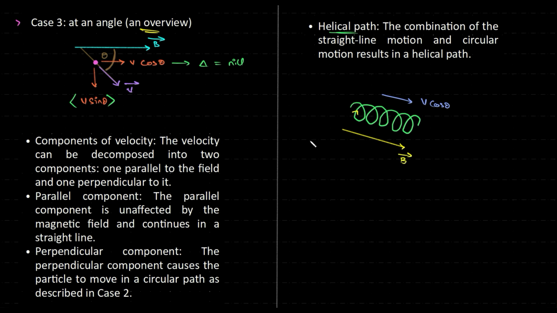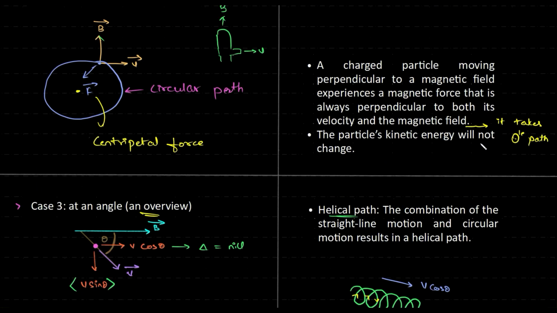So the velocity is downward, the magnetic field is facing our side. Okay, yeah, this is correct. It will keep moving to the right, and it will keep going this way. So that's our helical path, as simple as that.